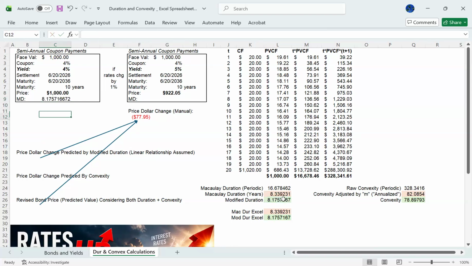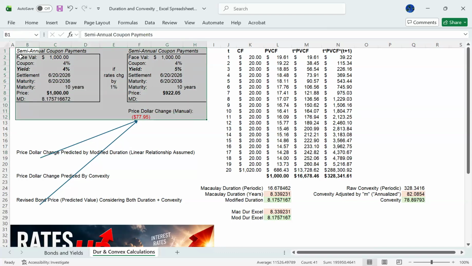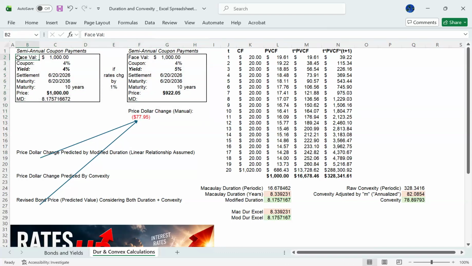This is if we run this calculation manually. If we have 200 bonds, we would rerun their calculations one at a time until we get the updated value of this portfolio. But if we have modified duration and convexity, we can use these measures to predict this change for us.